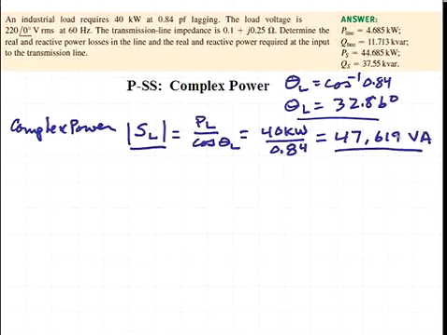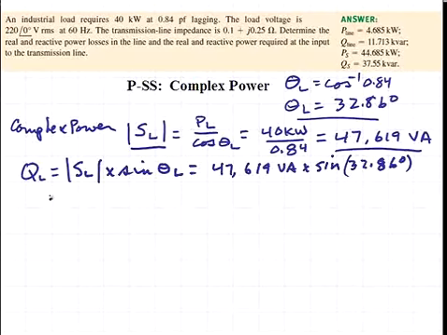Now we can calculate the reactive or quadrature power at the load as S sub L magnitude times the sine of that phase angle, theta sub L. And that quadrature power at the load is equal to 25,837 volt amperes reactive.